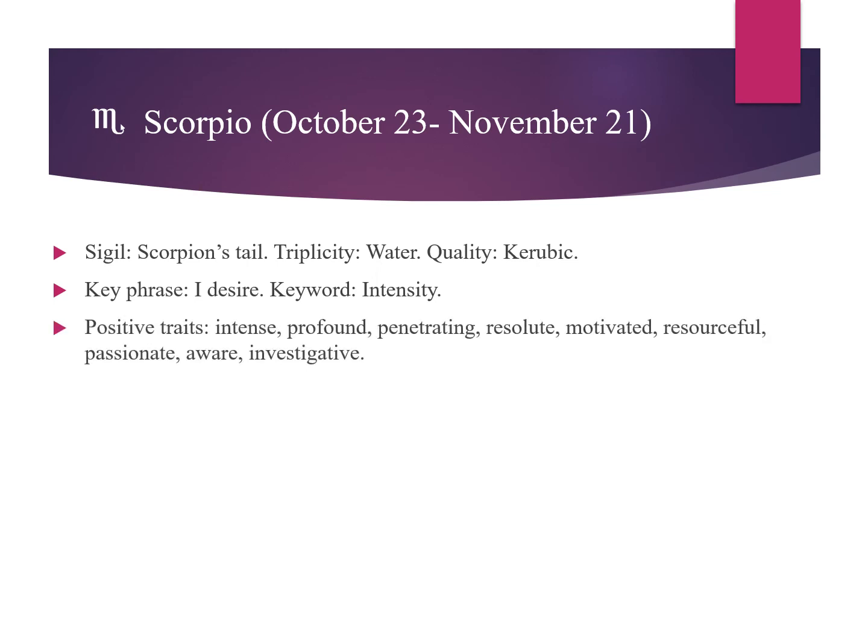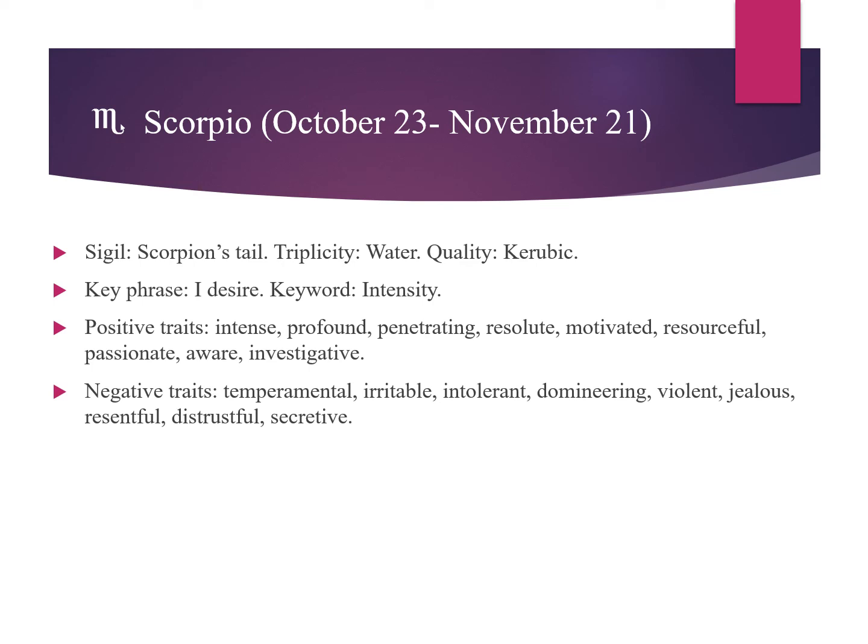Positive traits include being intense, profound, penetrating, resolute, motivated, resourceful, passionate, aware, and investigative. Its negative traits can include being temperamental, irritable, intolerant, domineering, violent, jealous, resentful, distrustful, and secretive.